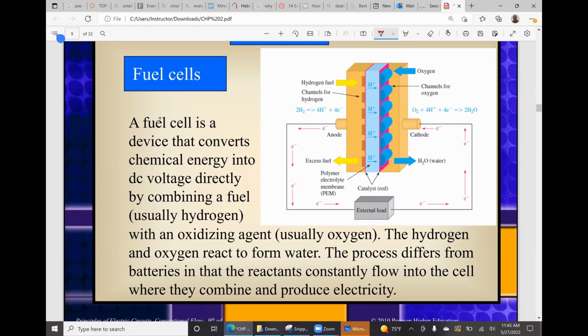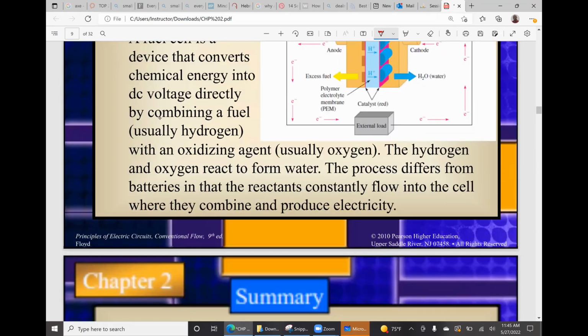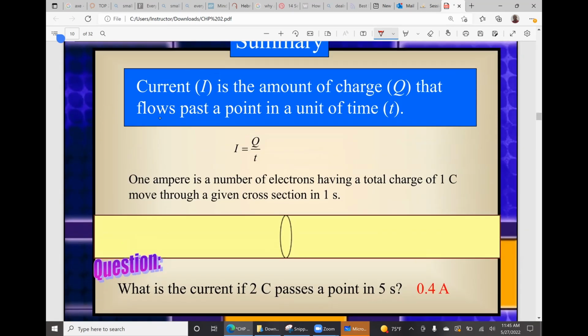So we will see that current has to do with the movement of electrons, how many electrons are moving in a particular amount of time. Voltage tells us what is the energy that is available for every coulomb of charge. Voltage tells us what is the energy available for the amount of electrons that are flowing, for the charge that is flowing. So let's talk about current.